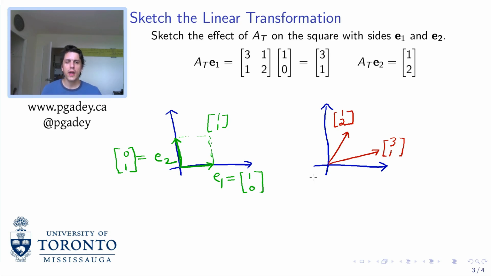Now we want to ask ourselves, where does 1, 1 get sent to? Where does this top right-hand corner get sent to? If we do the matrix multiplication, we're going to see that this gets sent to 4, 3. So what happens is this square gets shifted and distorted into this parallelogram.